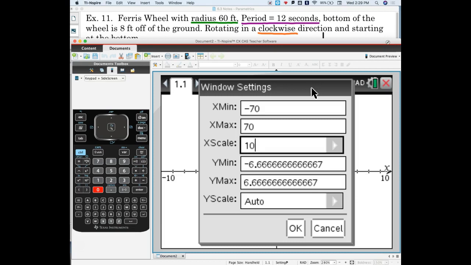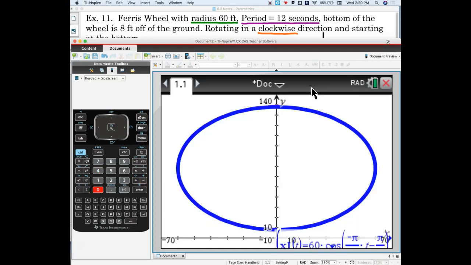Y's. Need to get at least to what? 130, because we got to maybe 140. And bottom? 0. I like to see my axes down there though, so I'm going to go with negative 10 to 140. Again, by tens.